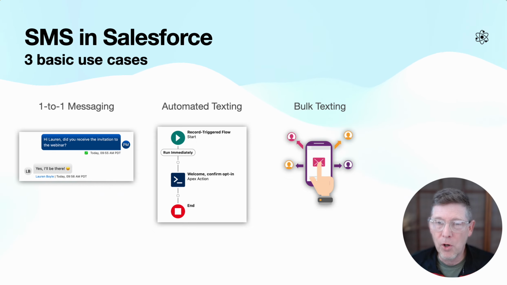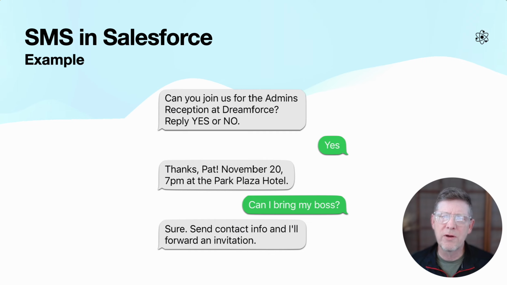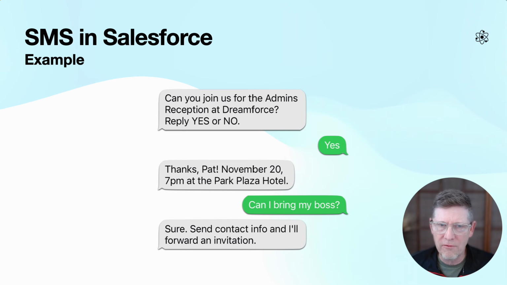And finally, bulk texting. And this is just like an email blast that you would do, except doing it over text. So here's an example. Let's say that you've signed up to go to Dreamforce this year, and you indicated that you're in the admin track, and you indicated that you've opted in to the text notifications.